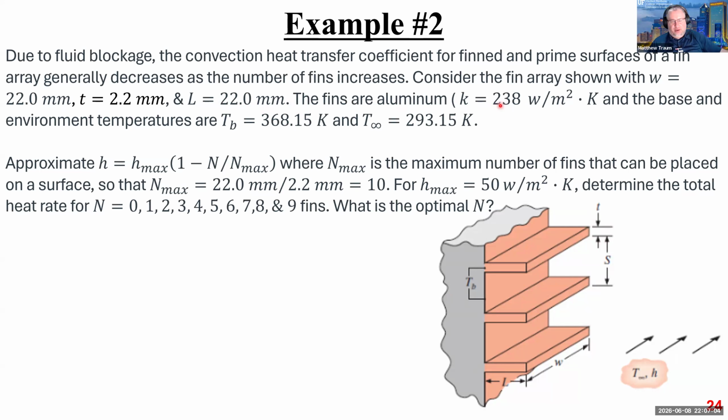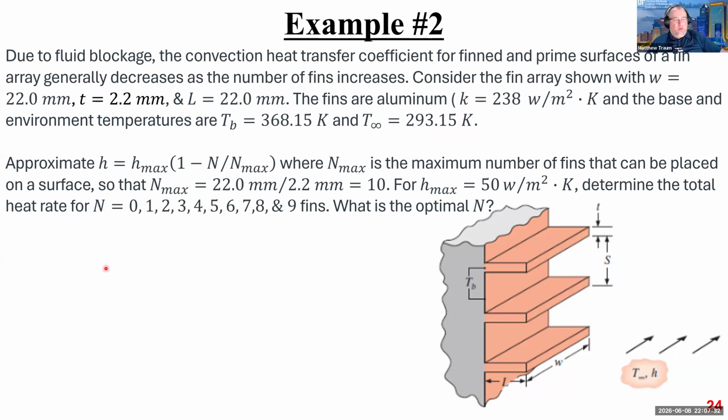I looked up the value of the thermal conductivity for aluminum at the temperatures that we're talking about, which is this. And the base and environmental temperatures, there should be a parenthesis here to close that, are T base equal to 368.15 Kelvin, and T infinity equal to 293.15 Kelvin. Okay, so we got those two temperatures.